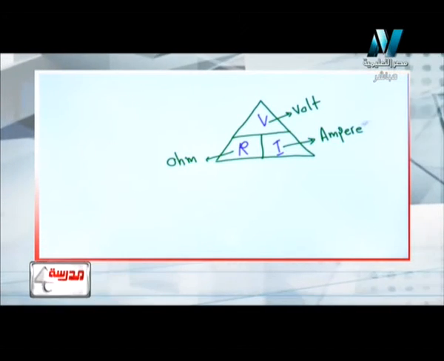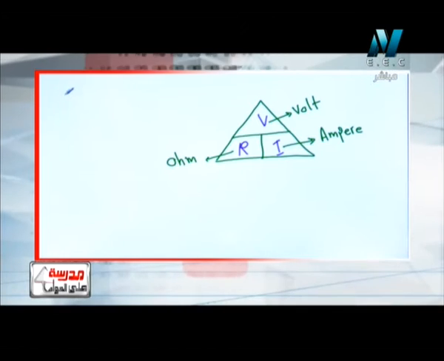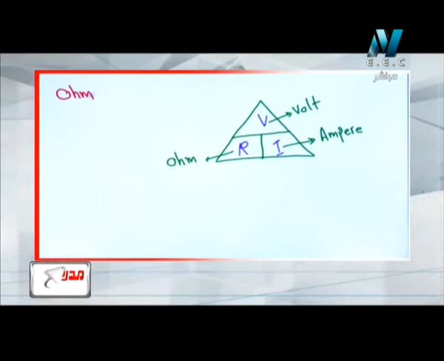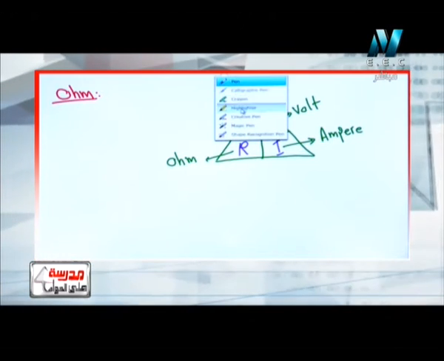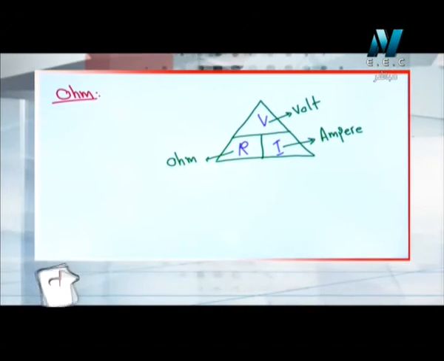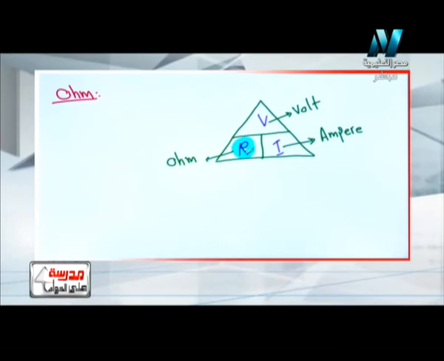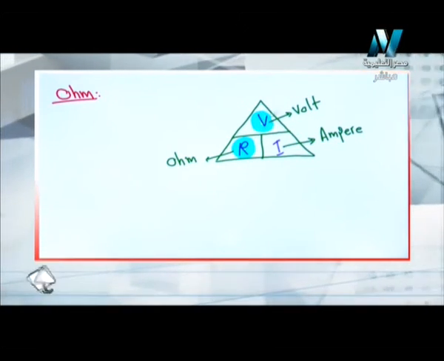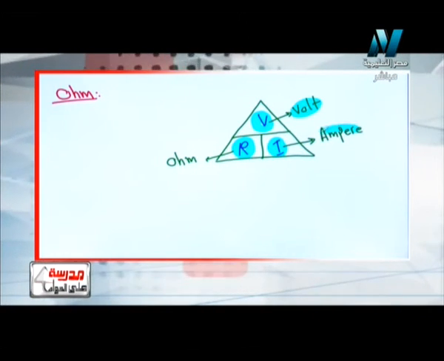So if we want to define what is meant by ohm, as we studied in the previous episode, it is the electric resistance when potential difference equals 1 volt and electric current intensity equals 1 ampere.